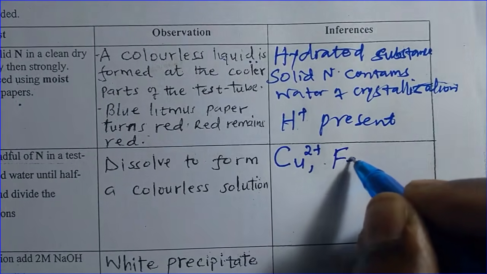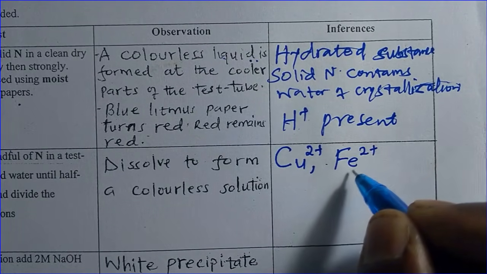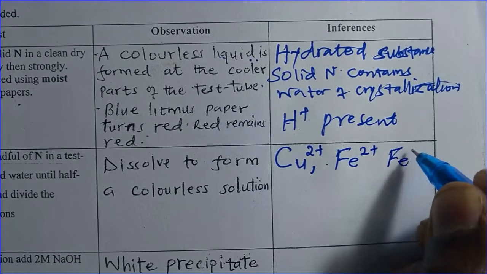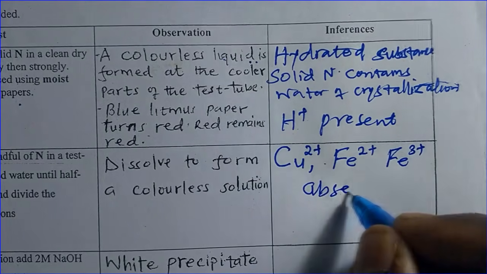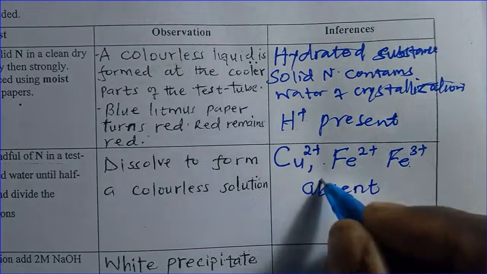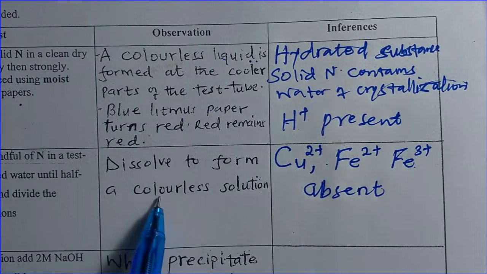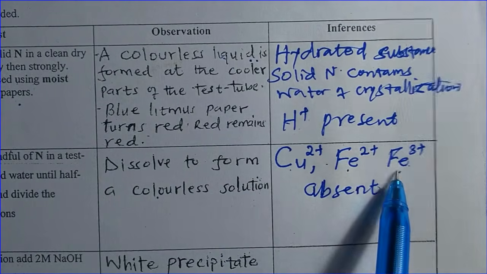Iron 2 is absent because it is green. And iron 3 is absent because it is brown. So you write this is absent because it is colorless.